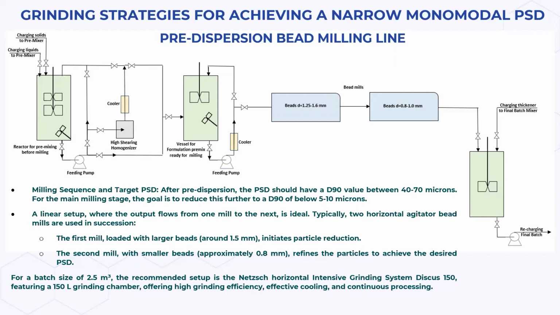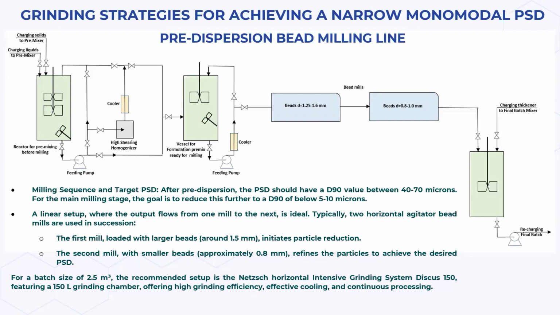The first mill, loaded with larger beads, around 1.5 millimeter, initiates particle size reduction. The second mill, with smaller beads, approximately 0.8 millimeter, refines the particle sizes to achieve the desired PSD. Both bead mills are effectively cooled.